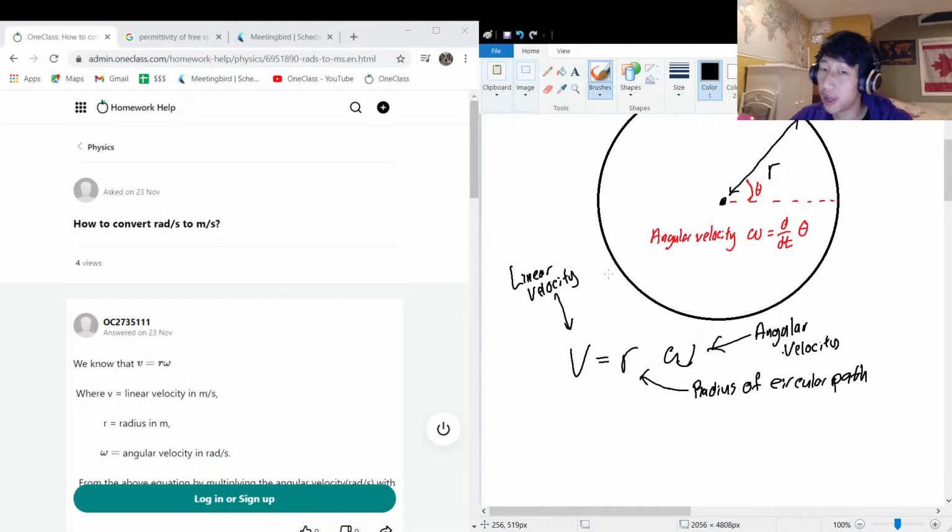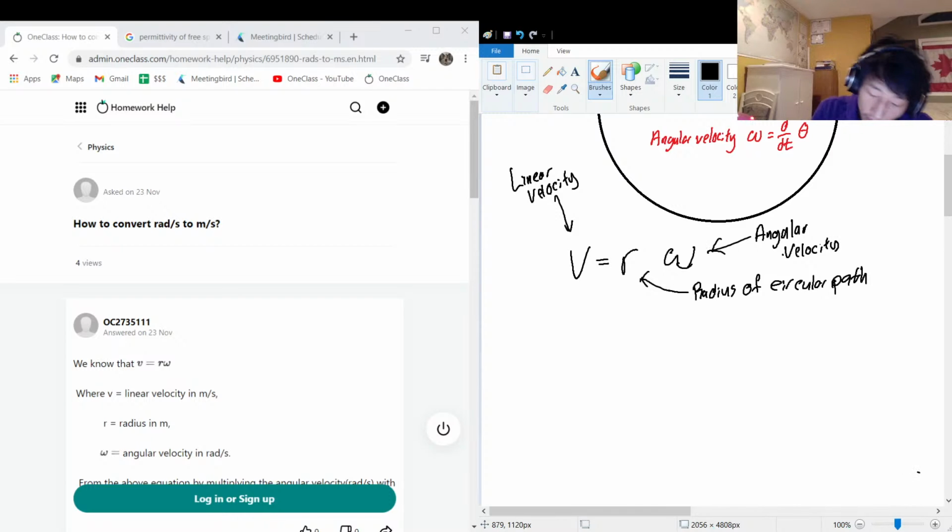If you're doing one loop per second and the radius of the loop is the Earth, and the circumference is the circumference of the Earth, well, your linear velocity is going to be quite quick if you have one complete circle per second, or 2 pi radians per second. So yeah, this is how you relate them.